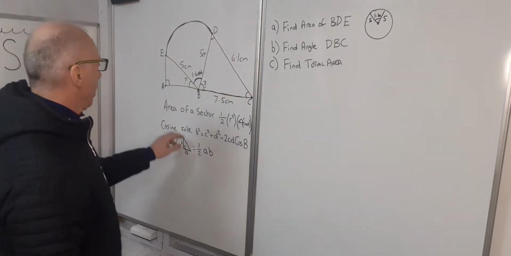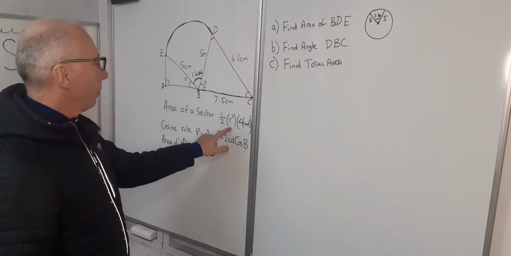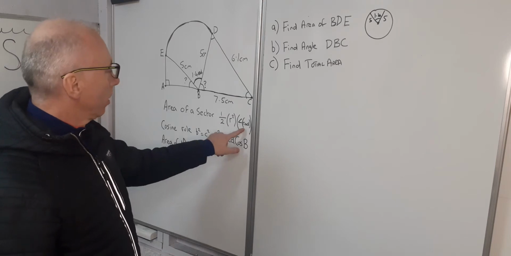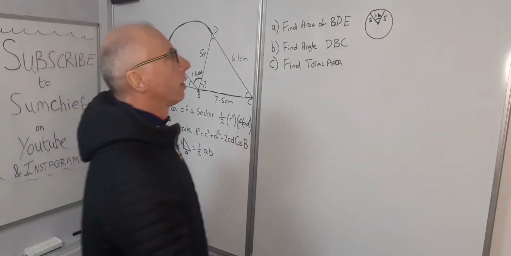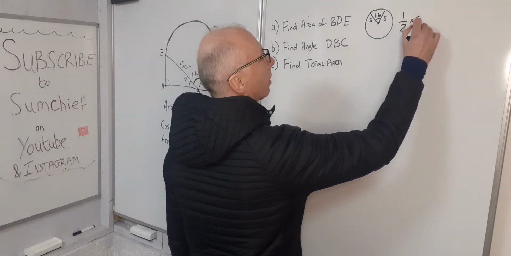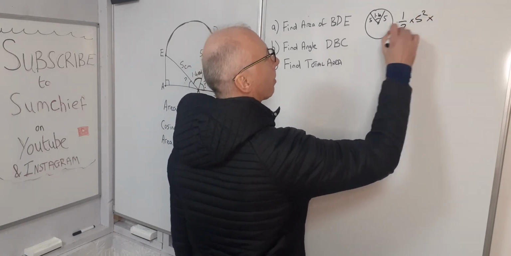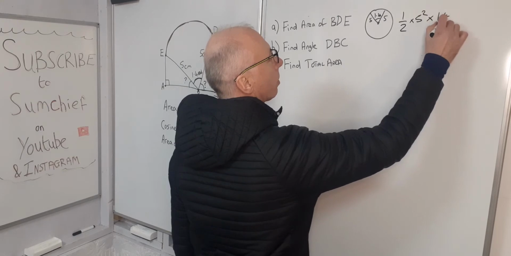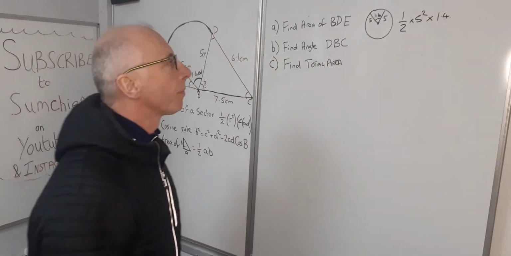Okay, area of a sector is half times radius squared times the angle in radians. So that will give us a half times 5 squared times the angle in radians, which is 1.4.